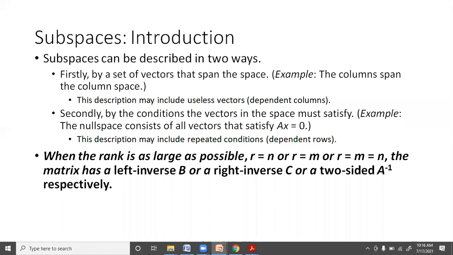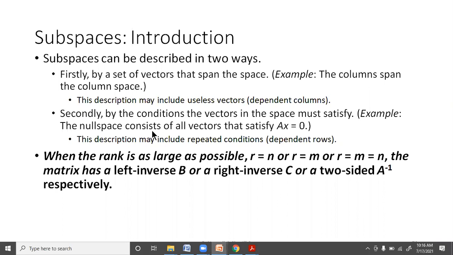We tried to define what is known as a subspace, and a subspace can be a set of vectors that span a space. For example, the column space is one which is considered. This description might include useless vectors, which are the dependent columns.